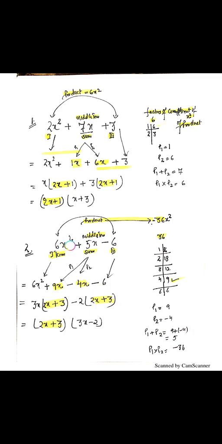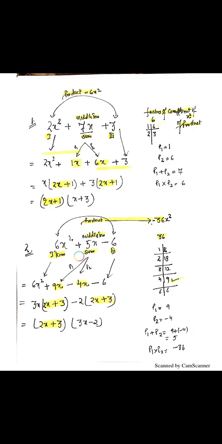Now take the second example. If 6x square plus 5x minus 6 is given to you. Here the first term is 6x square, the middle term is 5x and the third term is minus 6. The product of the first and third term is minus 36x square, and the sum is equal to 5x. It means you have to find the values of P1 and P2 such that their product is minus 36 and their sum is equal to plus 5.